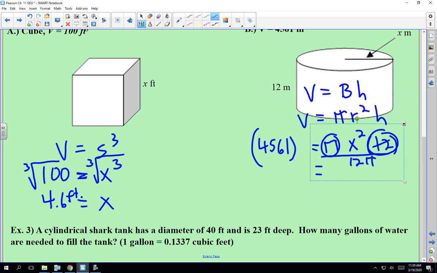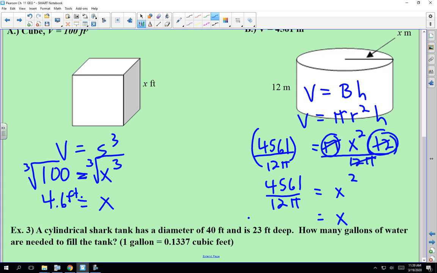That cancels the 12, cancels the pi. Divide by 12 pi over here. So we've got 4561 over 12 pi equals x squared. And we're going to end up taking the square root of each side. So x equals the square root of that whole thing. Whatever the square root of that will give us our x.